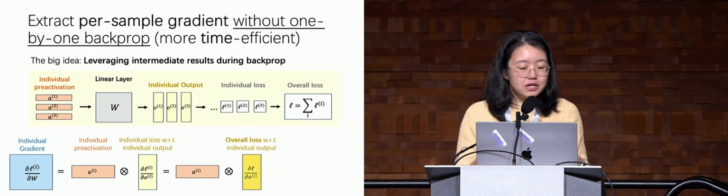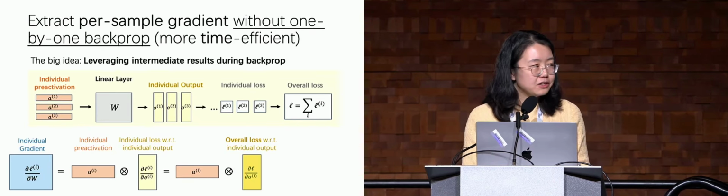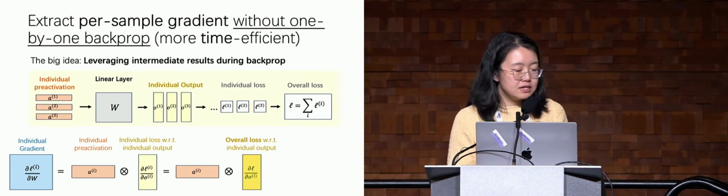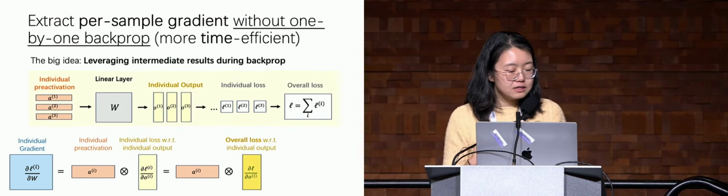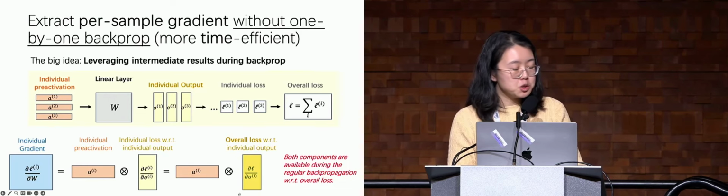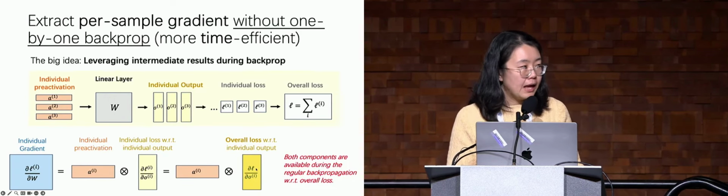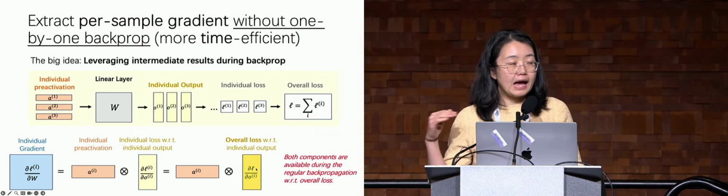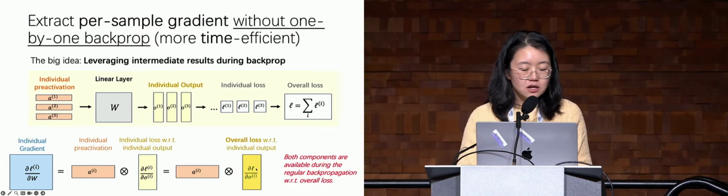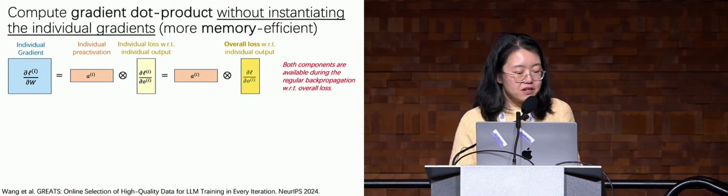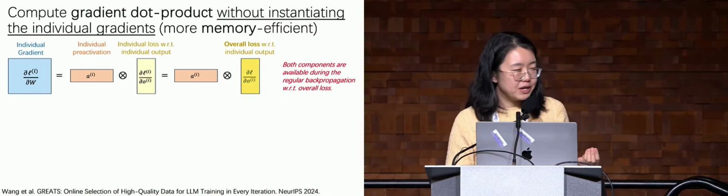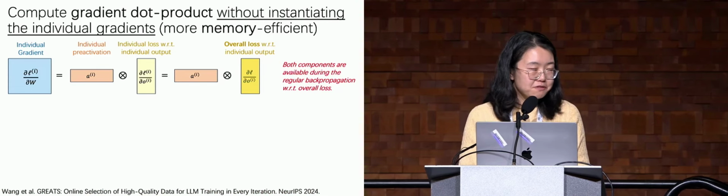The very interesting fact that you can notice here is that in this derivative, we are looking at the derivative with respect to the output. Because this output does not depend on the other data points in the batch, this per-individual gradient is actually equal to the aggregate gradient with respect to this specific output.